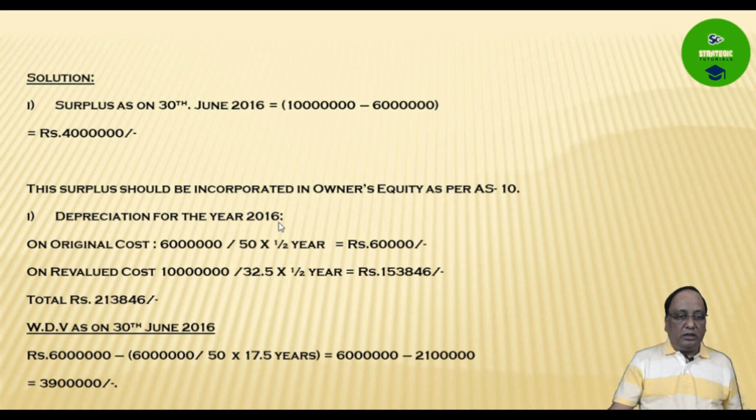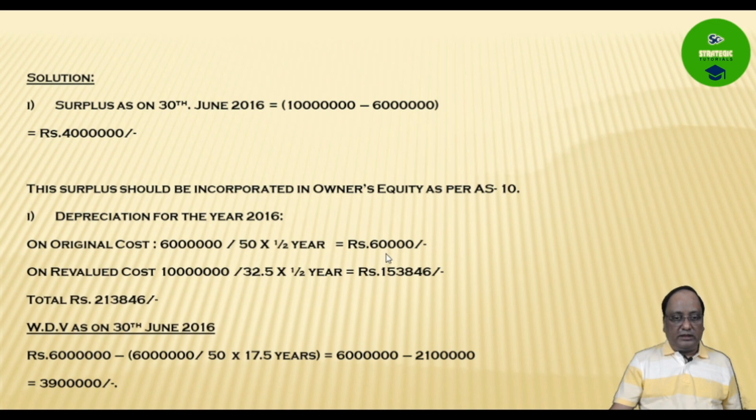Depreciation for the year 2016: the original cost is 60 lakhs, life of the building 50 years. I have given the example from 1st July, so automatically there are two parts. 1st January to 30th June is one calculation, and 1st July to 31st December is another calculation.